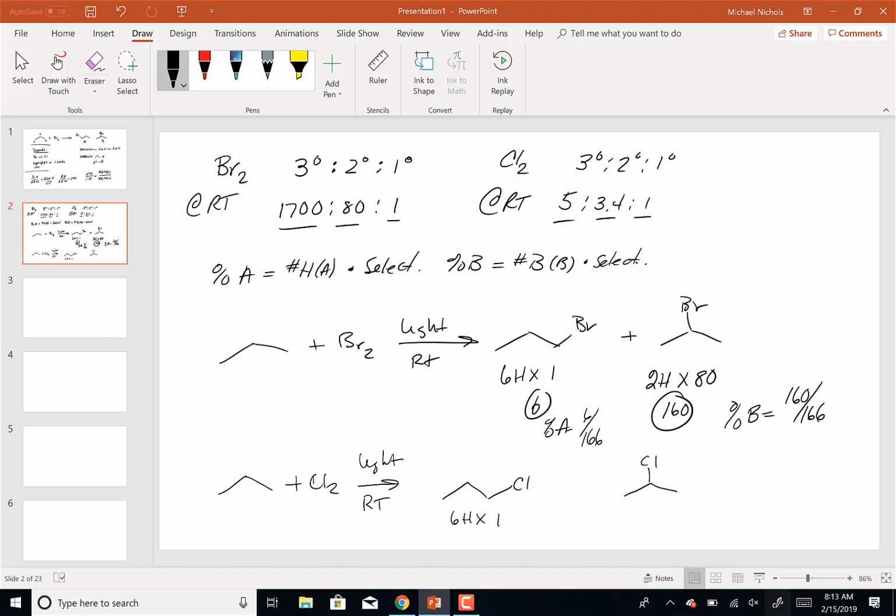What is it for 2? 2 hydrogens times 3.4. So I still favor product B by a ratio of 6.8 to 1. So if I was to calculate the percentage of B, it would be 6.8 over 7.8.